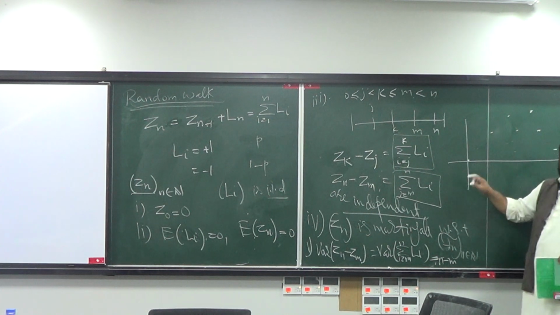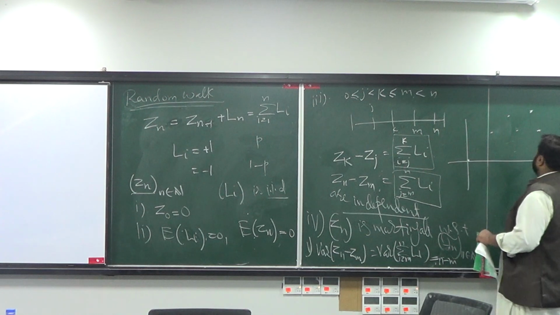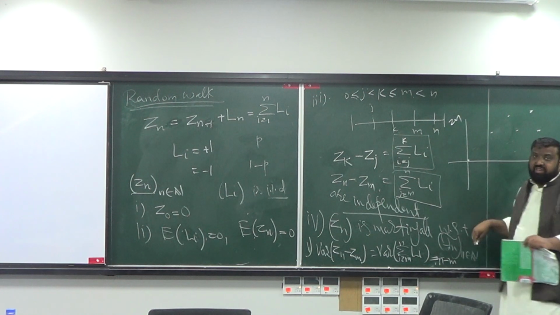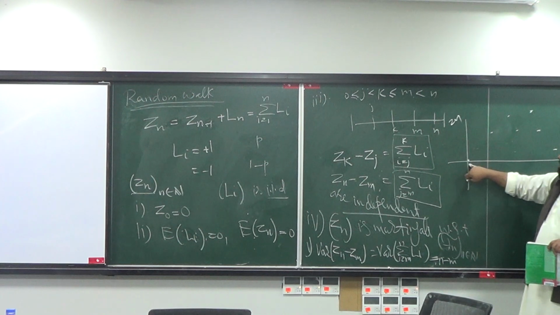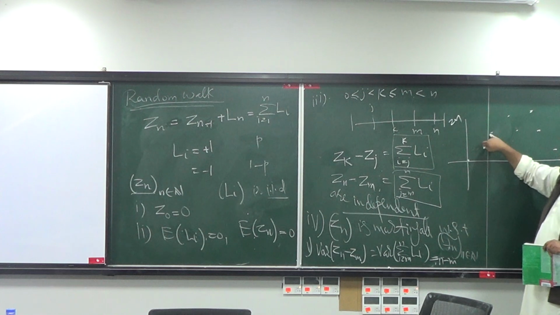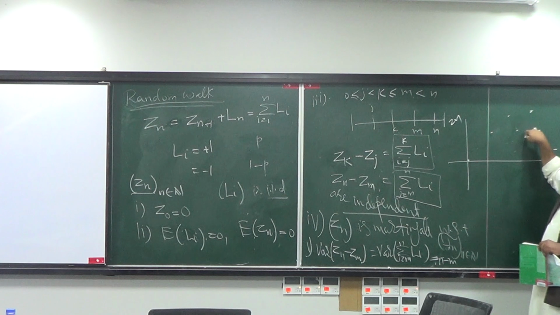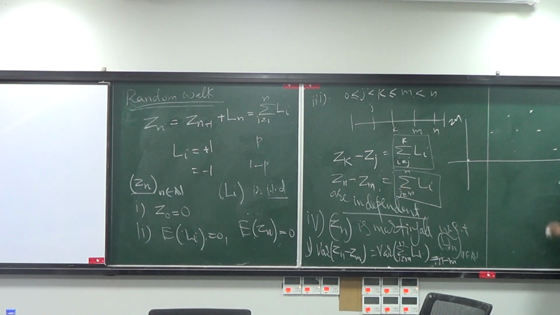So these are the gains, the graph of n versus Zn. That's one trajectory that the random walk can have. Then you gain $1, and then you lose $1, lose a dollar, gain a dollar, and so on and so forth.